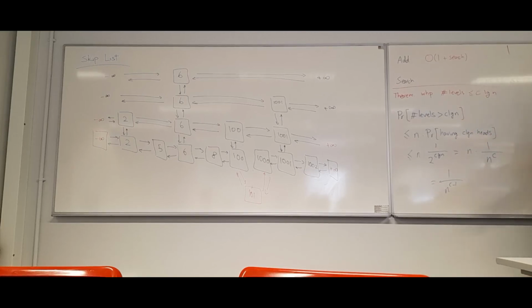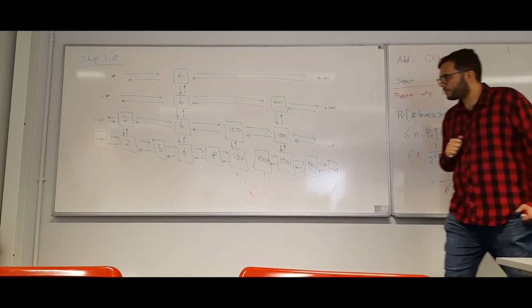So in practice, honestly, we will always just have log n levels and not more. If you code this, you can just have an if in your code, and if you have more than log n levels, you don't continue; you don't add the elements anymore. But this is a nice theorem that shows that you don't necessarily even need to do that. With very high probability, the number of levels is small.